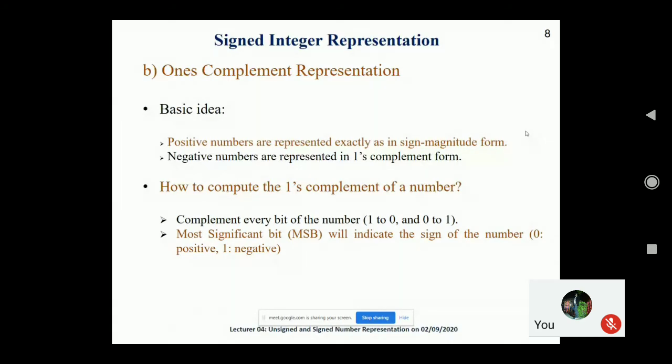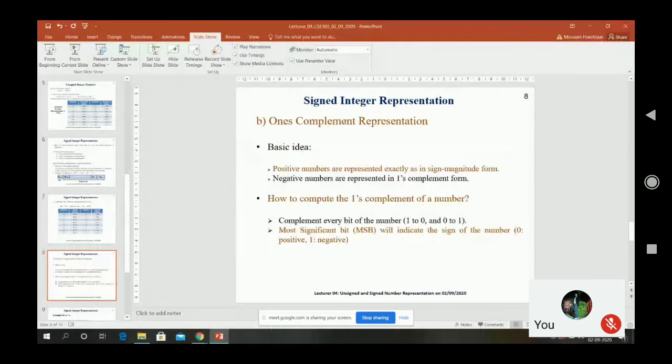But remember, we are not using sign magnitude, we are using the ones complement.